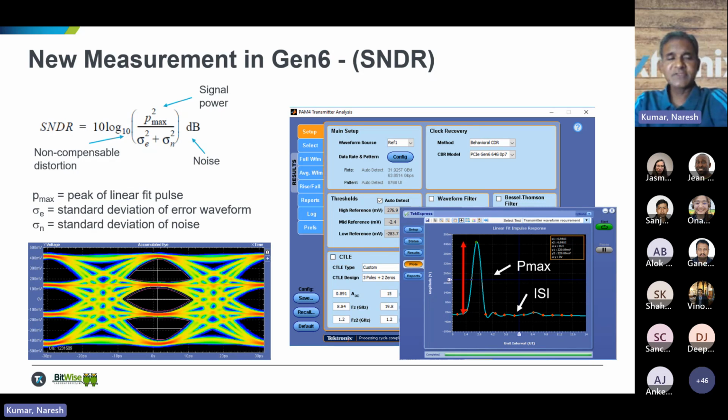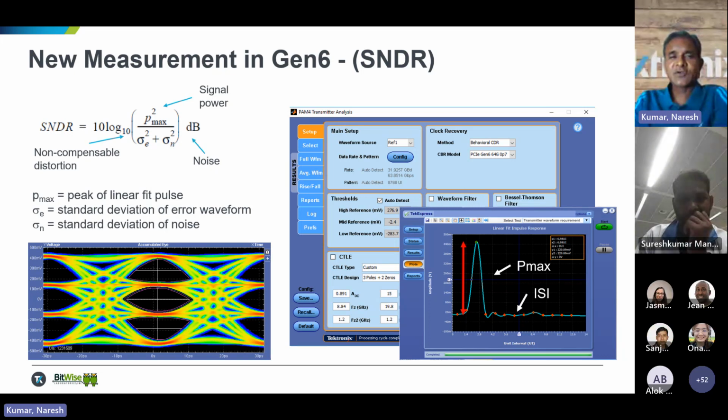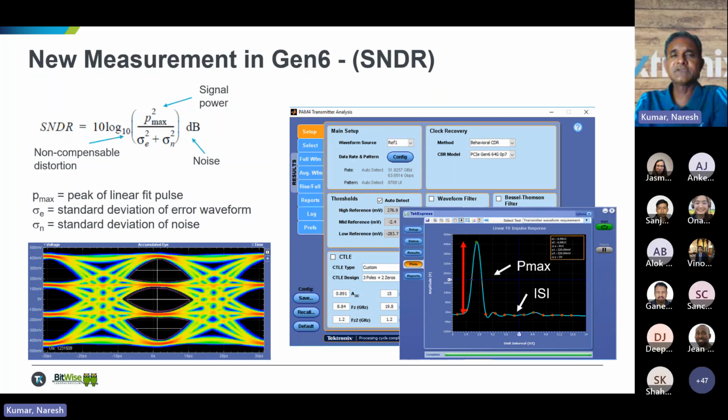But basically what it means is that as a test and measurement solution provider, we also have to provide for these kind of measurements in our results. Now, I'll talk about the various measurement requirements in terms of board bring up, etc. But it's important to understand the complexities of the new parameters which are introduced by the higher speed technologies.